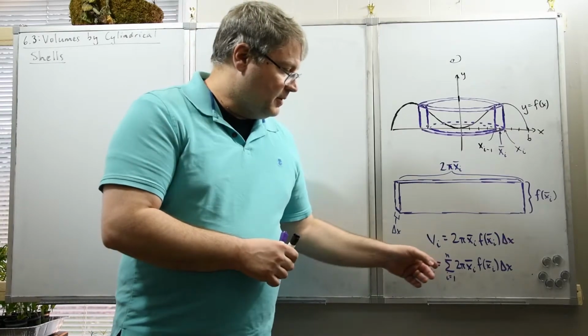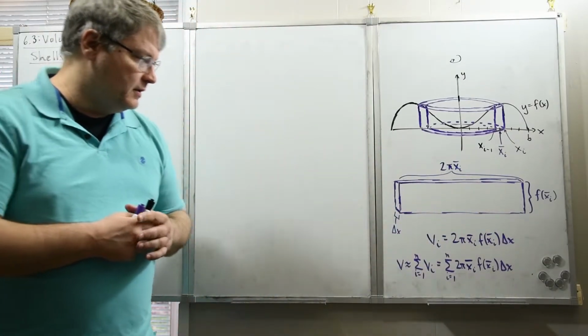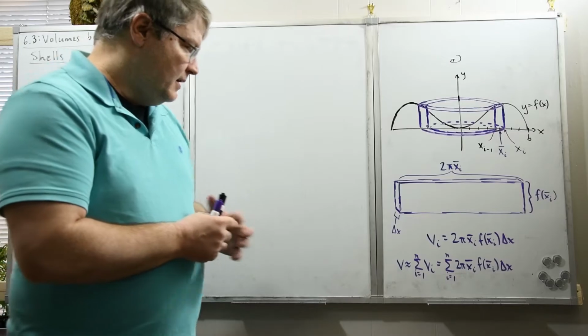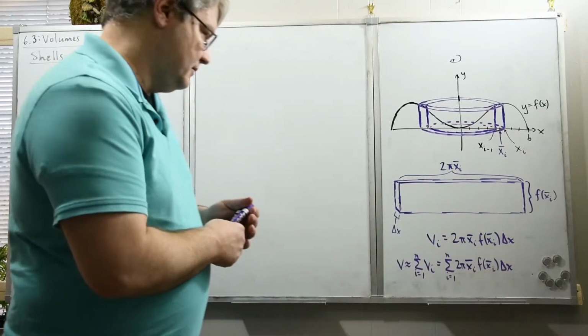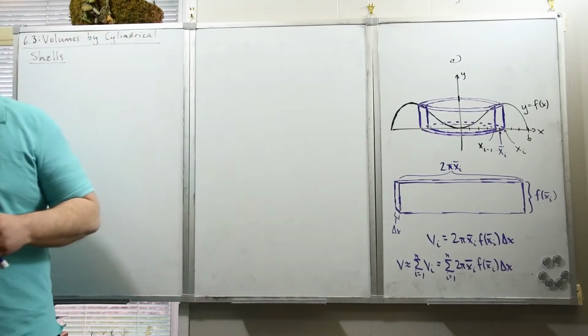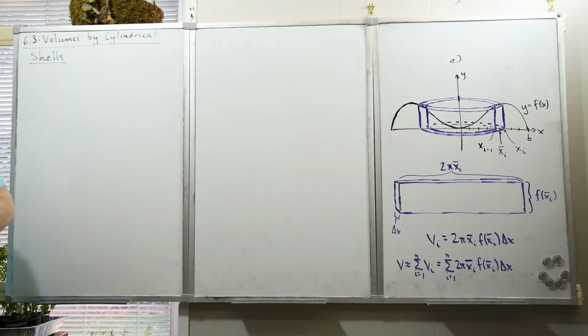So that would be an approximation for our volume of the solid of revolution. However, if you want the actual volume, you'll take the limit as n approaches infinity of this thing, and that'll lead us to the following observation.